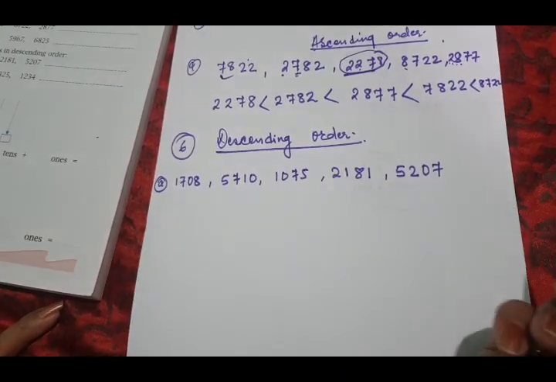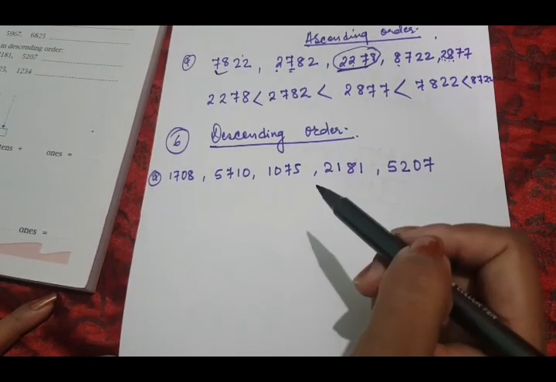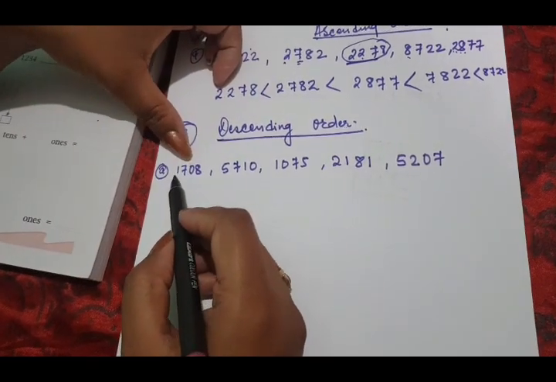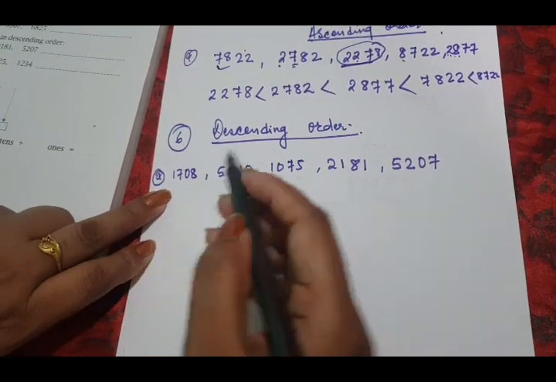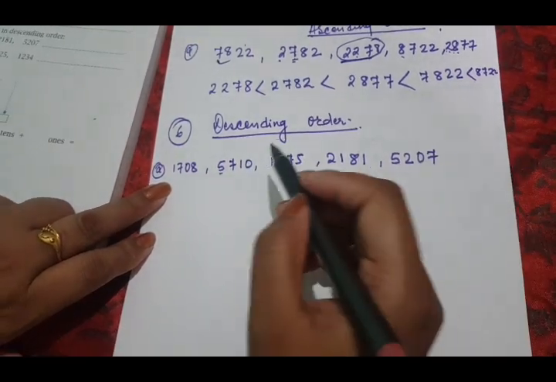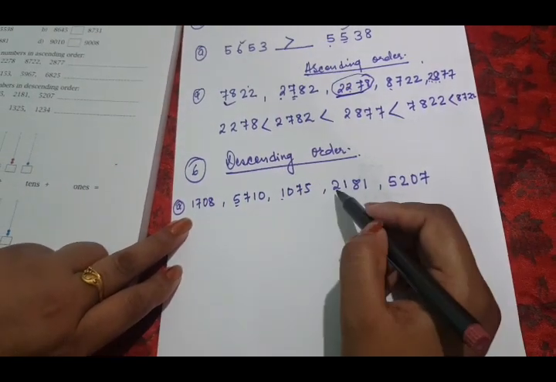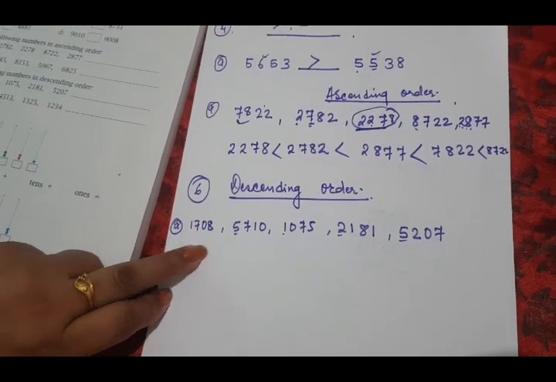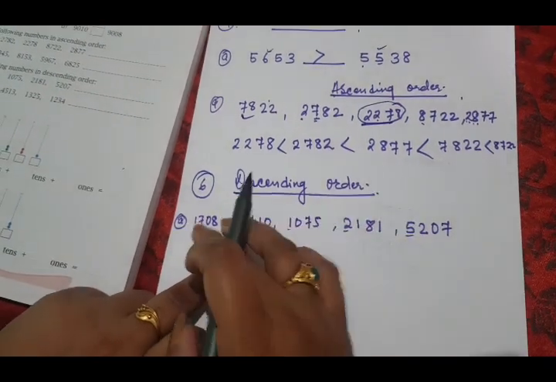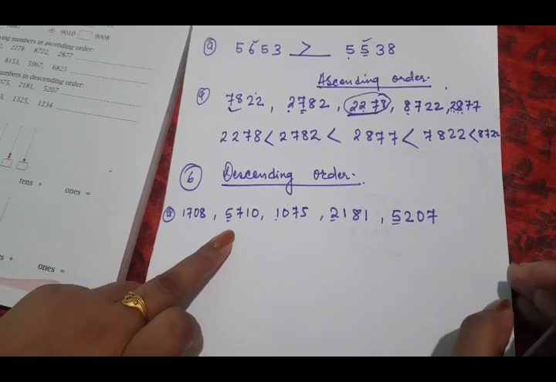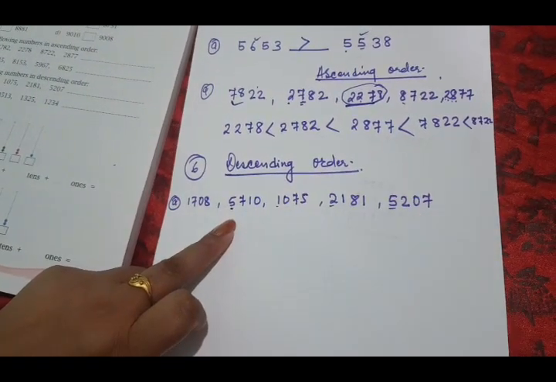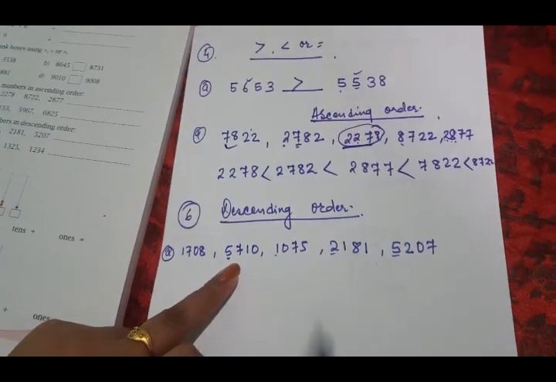To find the bigger number, again we have to see the first digit. In the first group you can see 1, in the second group 5, in the third group 1, in the fourth 2, and the last one 5. Now leave all these 3 and concentrate on these 2 groups of numbers. You can see 5 and 5 in the first digit.